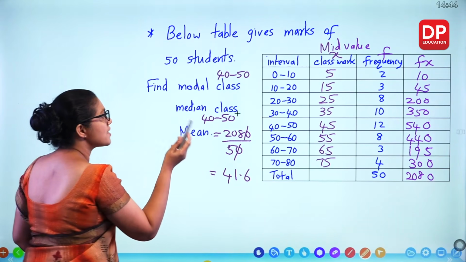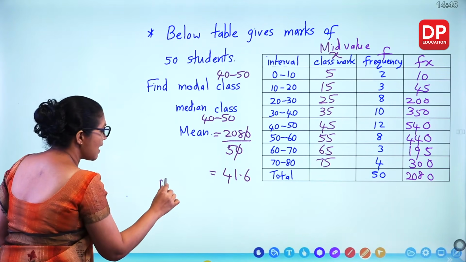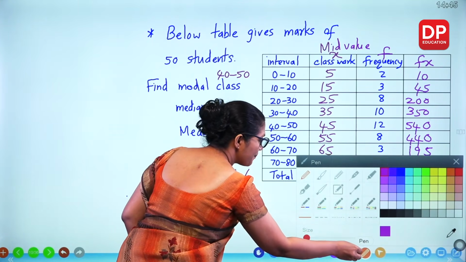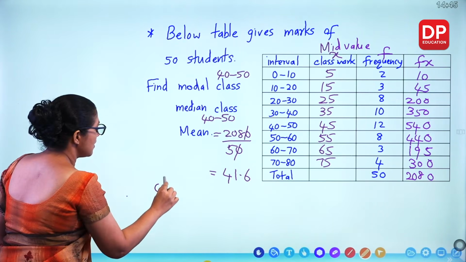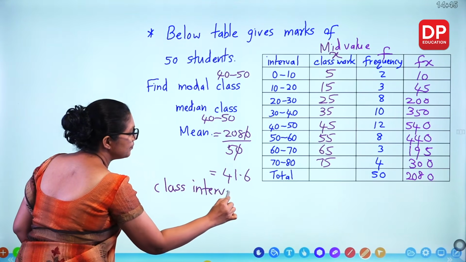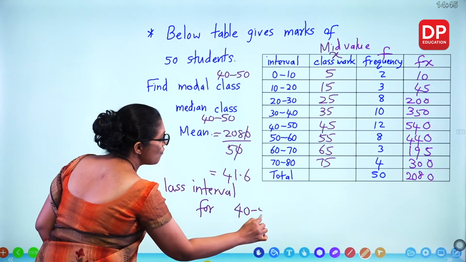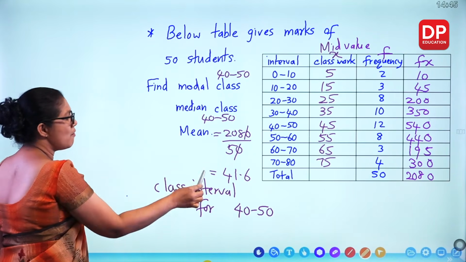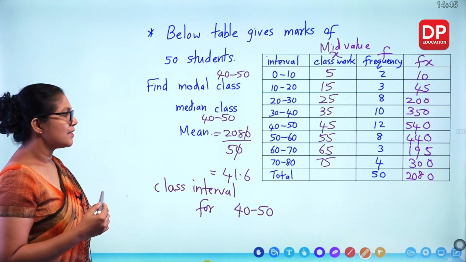So the class interval for the mean, I can say 40 to 50. Now we can see mean, median, mode, everything in the 40 to 50 class interval.